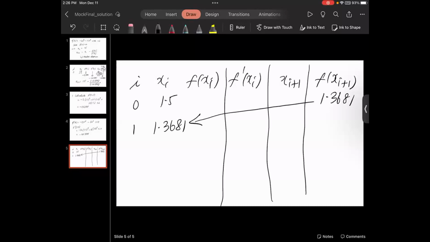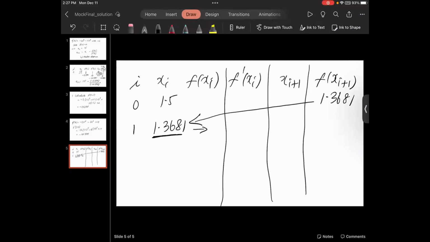You do that. The f of x_i value, that is this value here. If you use this as your x, the f of x_i value will come out to be minus 2.6859.